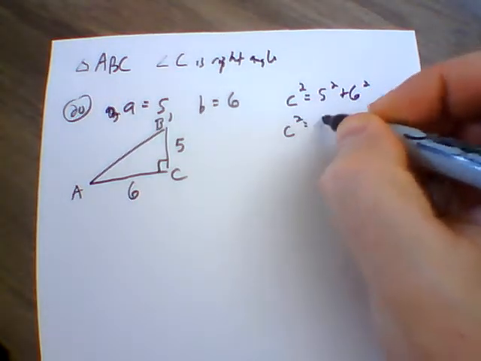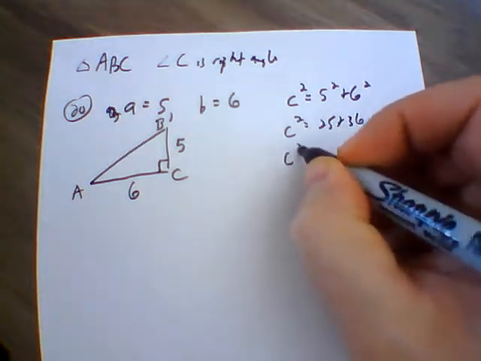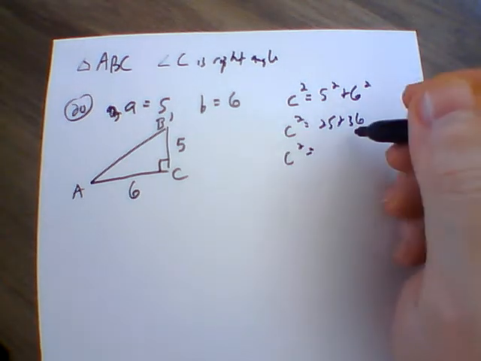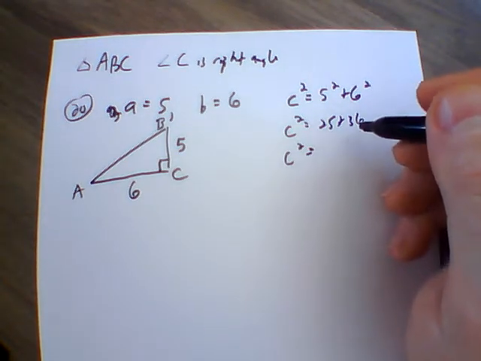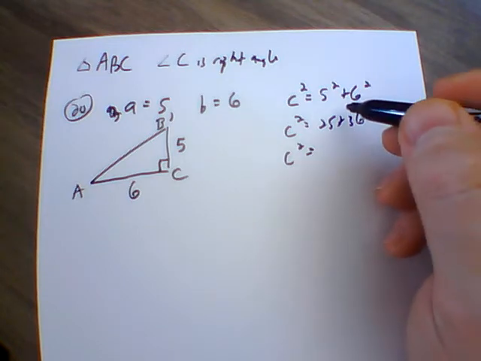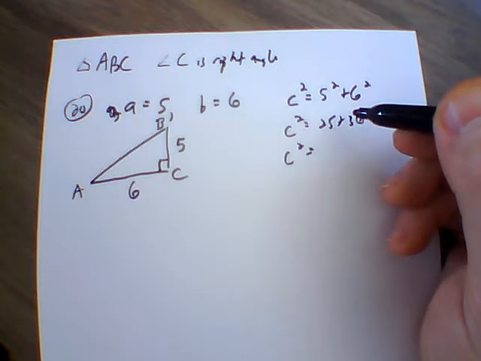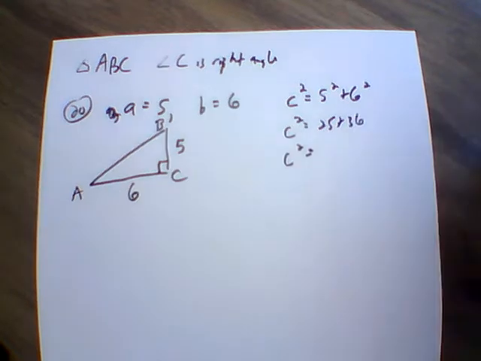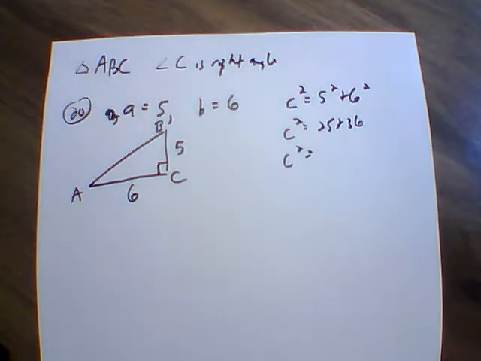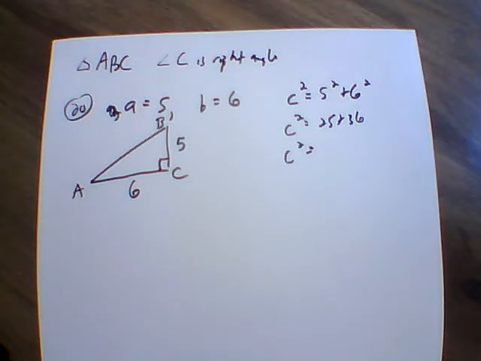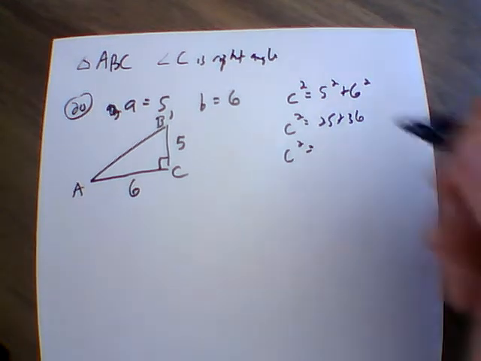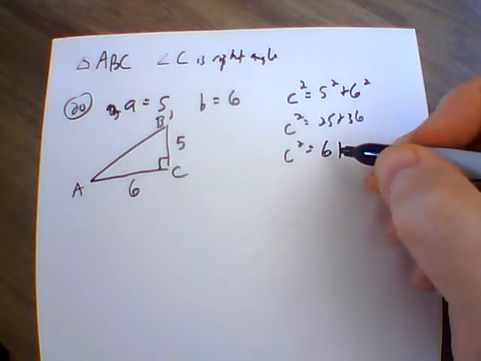So C squared equals 25 plus 36. If I take 25 plus 36, we get 51. No, it's not 51, it's 61. Got to carry the 1 over, so 61.